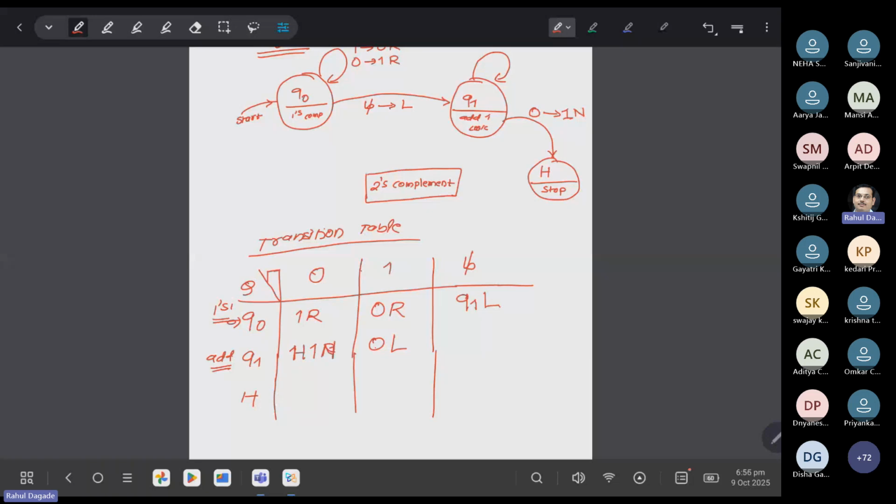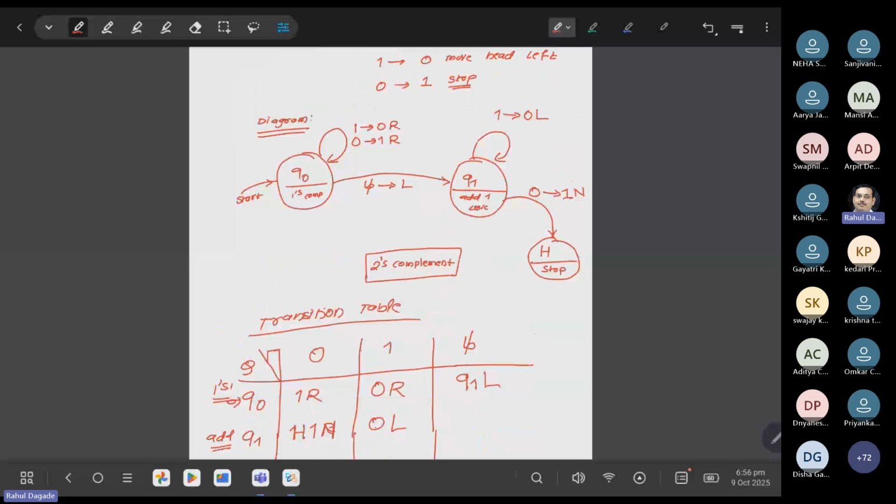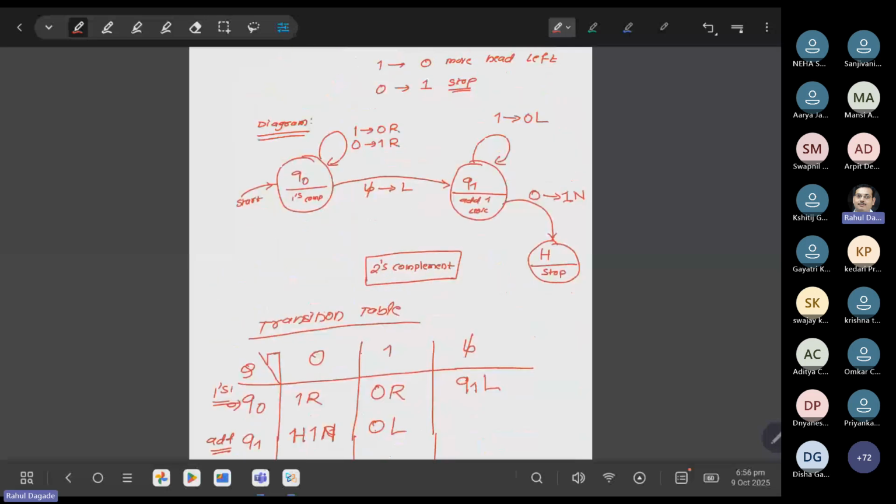And for blank in Q1, it may happen that Q1 gets a blank. When will it get a blank? When everything in the one's complement is 1, then it will get a blank.